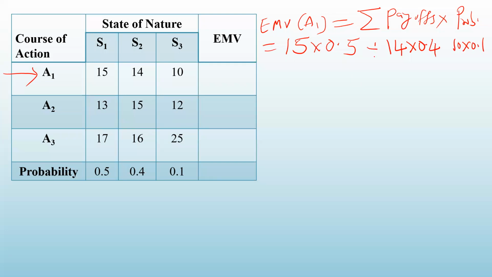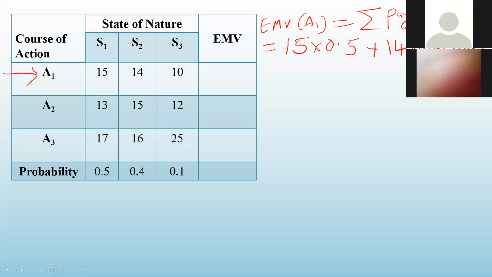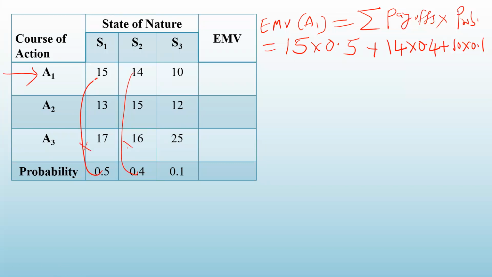And all of these I have to sum. This is the symbol for sum. Sum of what? Sum of the product of payoff and probability. So 15 multiplied by 0.5, 14 multiplied by 0.4, 10 multiplied by 0.1. Multiply these and then take the sum.